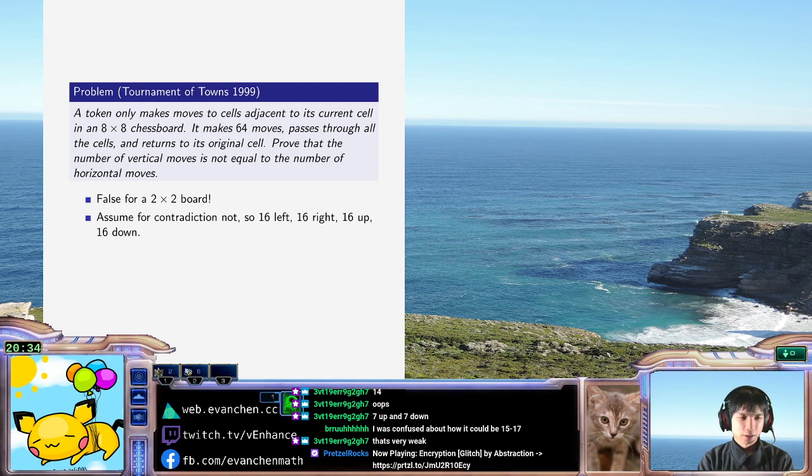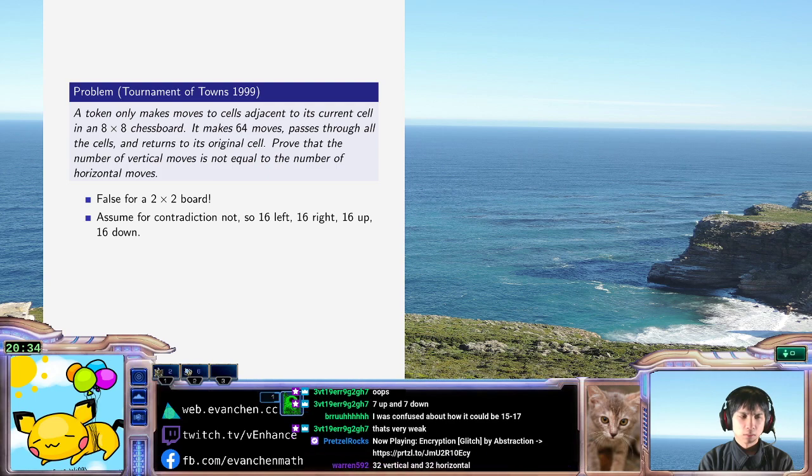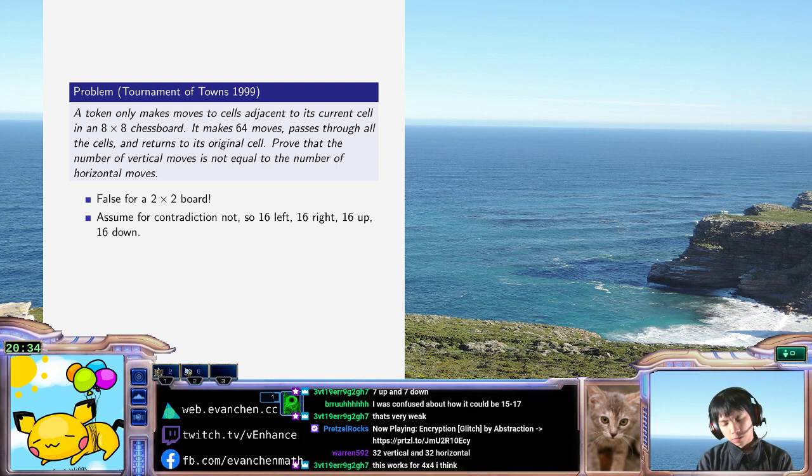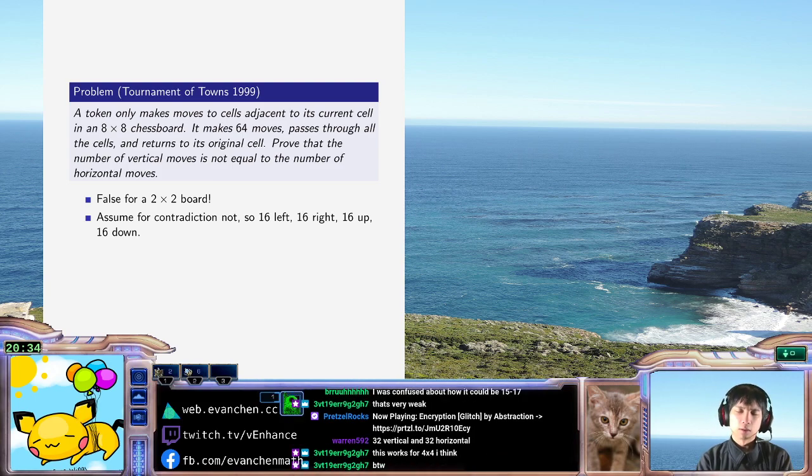Yeah, maybe we can try to get that it doesn't have any... If I start in the upper left corner, then at some point I'm at the very bottom row, and it took me 8 down steps to get there and then I need 8 up steps to get back.